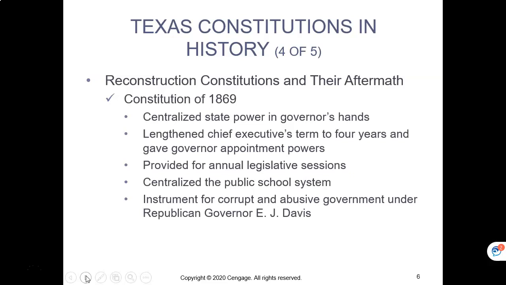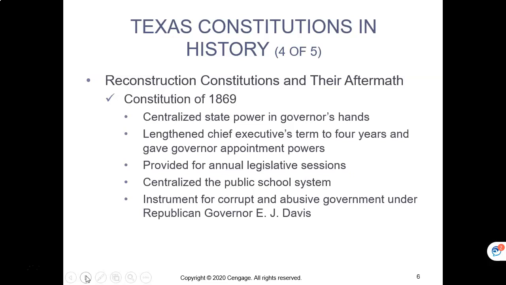In addition to that, the Constitution lengthened the chief executive's term to 4 years, where it had been 2. It gave the governor the power to appoint his whole cabinet, to appoint judges.